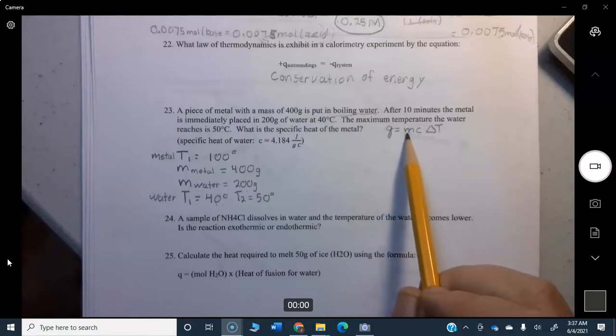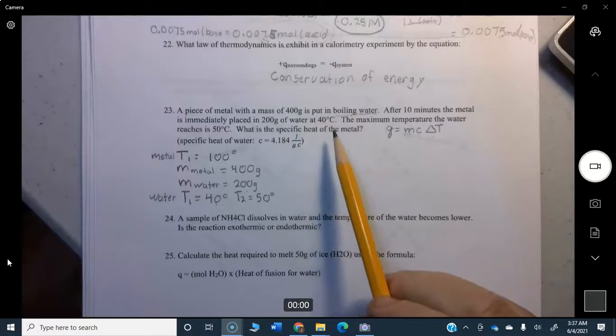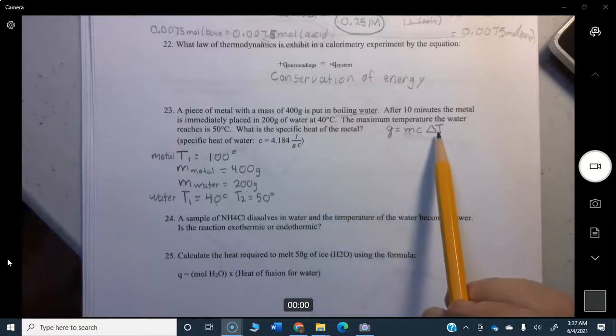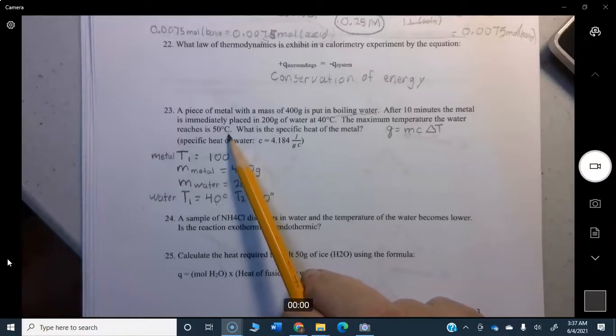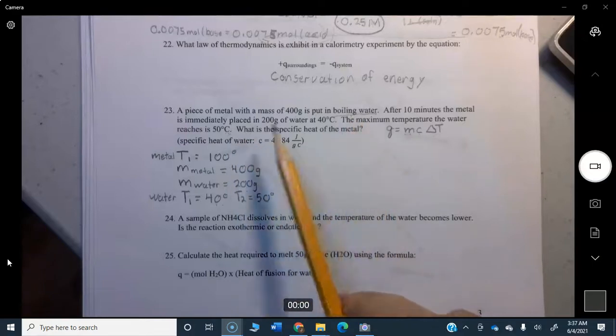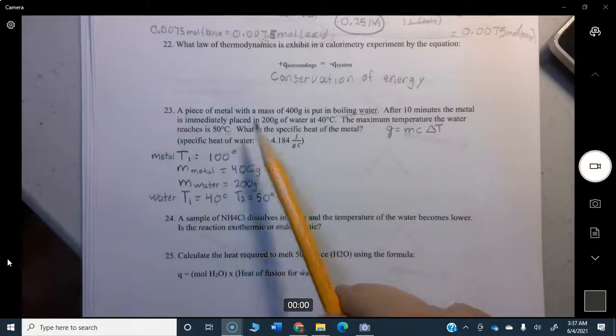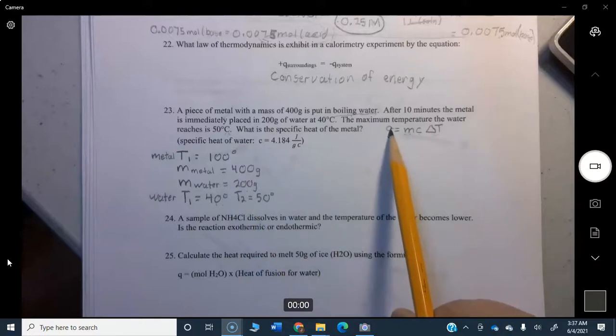The mass of the metal we have right there is 400 grams. The change in temperature, what's that going to be? Well, if it settles at 50 degrees for the water, it's also going to be 50 degrees for the metal. They have to be the same temperature if the temperature stops changing. So that means the metal went from 100 degrees boiling water to 50 degrees. So for the metal, we know the Q, the heat that goes in.